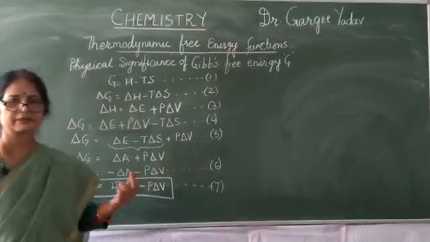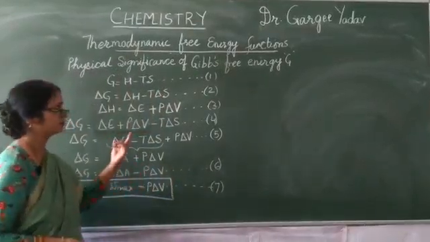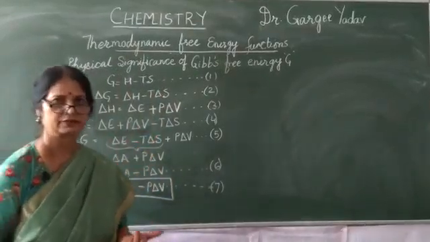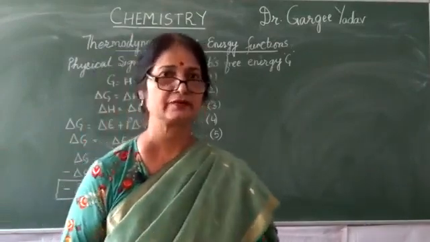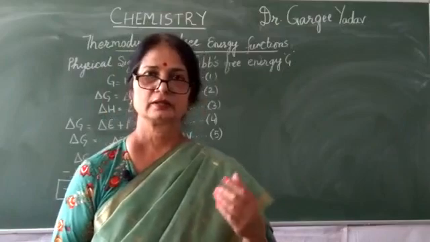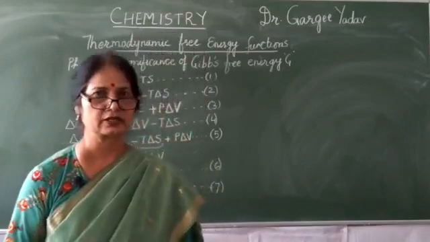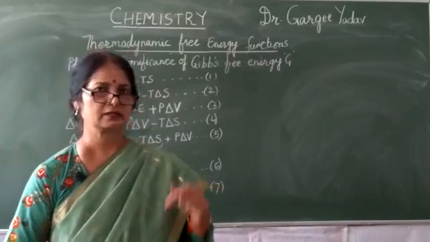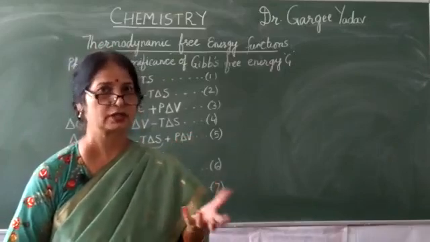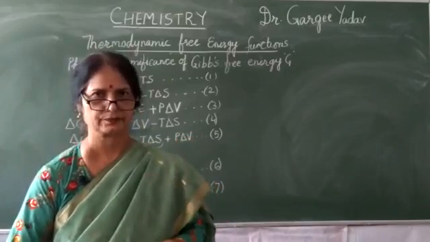Now there is a simple difference between the two types of free energies which you have just seen, the Helmholtz free energy and the Gibbs free energy. The main difference between them is that the Helmholtz free energy is at constant temperature and constant volume, whereas the Gibbs free energy is at constant temperature and constant pressure.